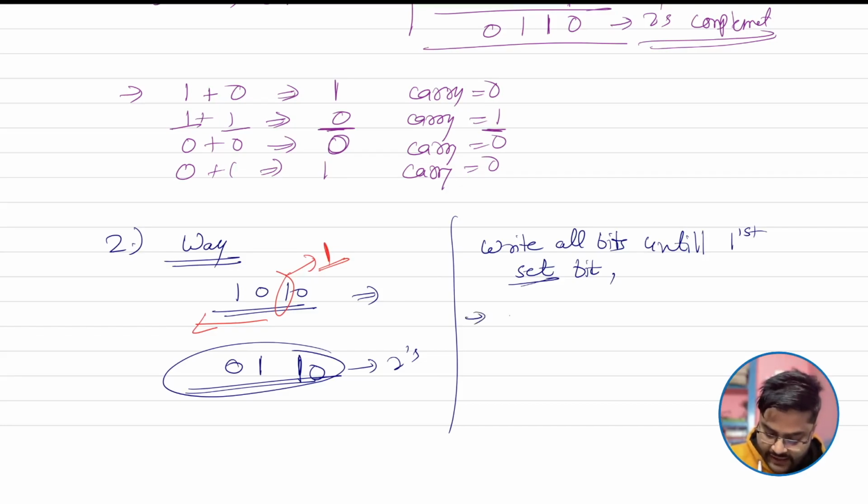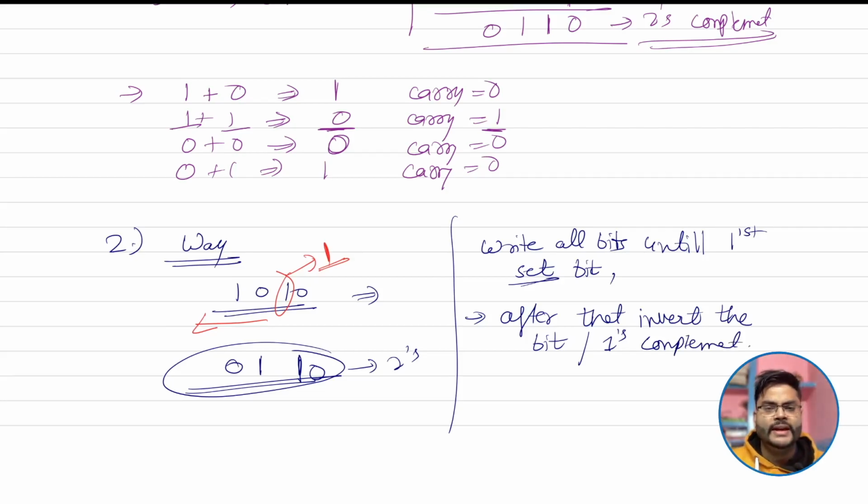And after that, invert the bits, or I can say take 1's complement. I hope you understood this way. Find the first set bit, write the same bits, and after that just invert the bits. Take 2-3 examples, you will understand.